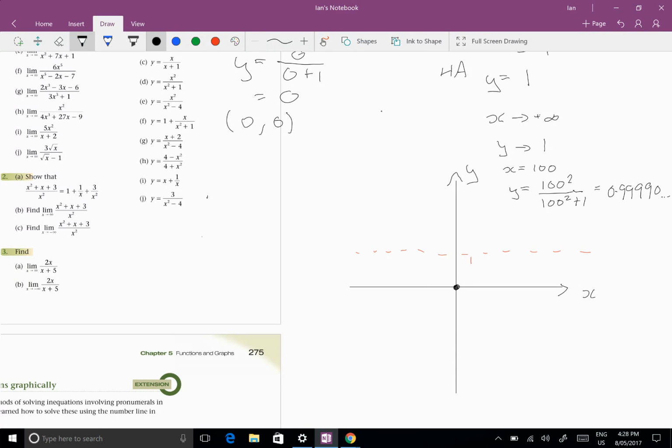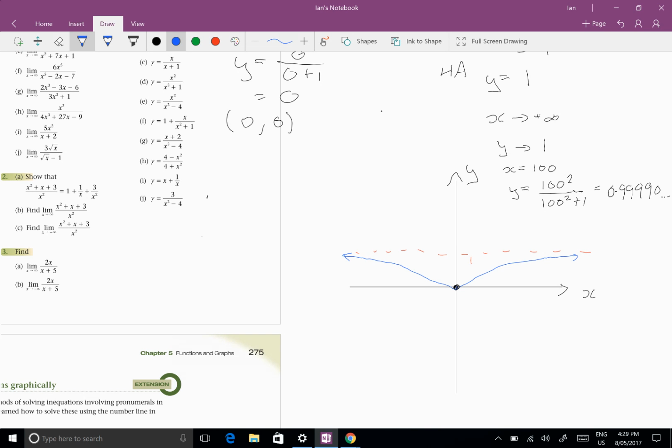So that means it's coming from below that line. So I could pretty much say that this function is approaching from that direction. Now it's got to be a mirror image, so it's got to do the same.